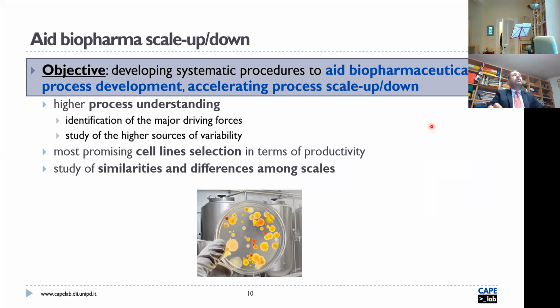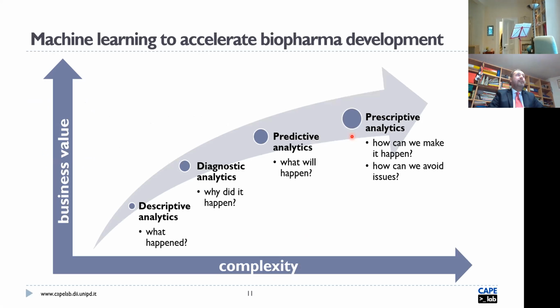For example, we can obtain an in-depth process understanding to understand what the major driving forces and the highest sources of variability are. We can select the most promising cell lines, which are the most productive and stable. And finally, we could also study the similarities and differences among different scales. Typically, we exploit the data through machine learning with different types of activities.